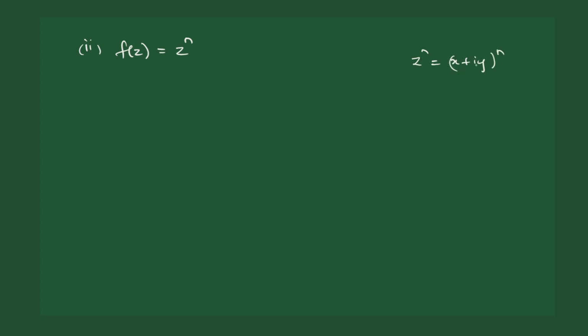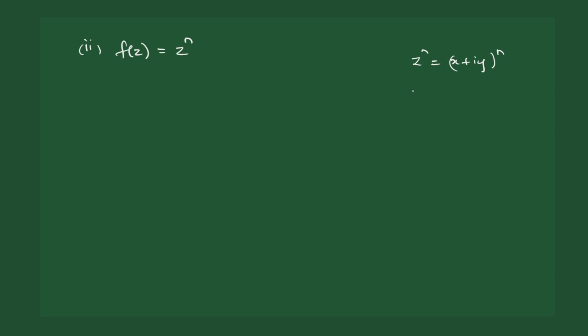Since it is x plus iy whole power n, we have to use the binomial expansion here. While doing that, it will contain a large number of terms. Since it is a binomial expansion, it contains many terms, in which case it is very difficult to split the real and imaginary parts. Right?